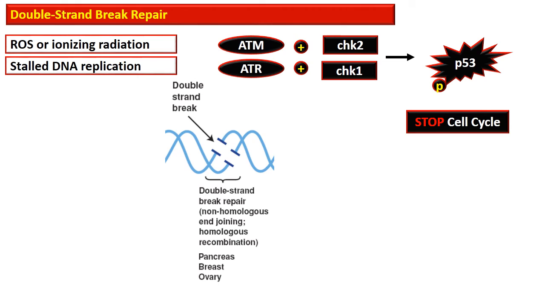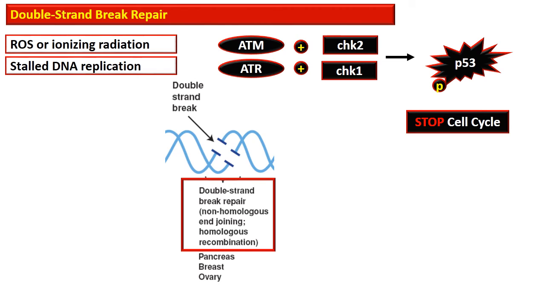Activation of p53 by this phosphorylation will stop the progression of the cell cycle, and this DNA will not replicate unless it is repaired. So this double-stranded break repair can be non-homologous end joining and homologous recombination.